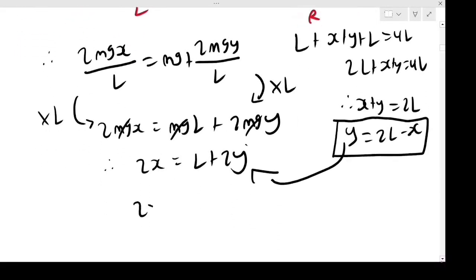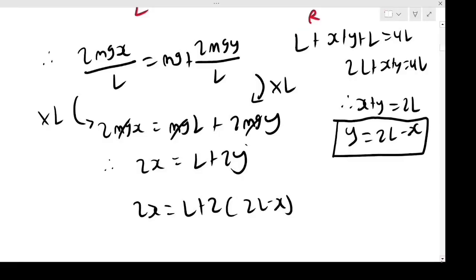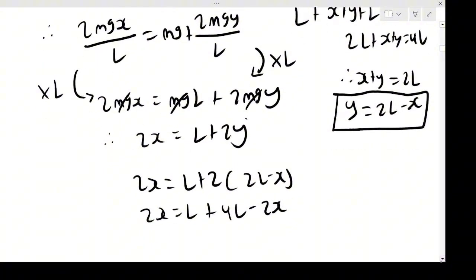So then that means 2x is going to be L add 2y, which is 2 lots of 2L minus x. Okay, and so if I expand this, I get L plus 4L minus 2x. I can then add 2x, so then I get 4x equals 5L.